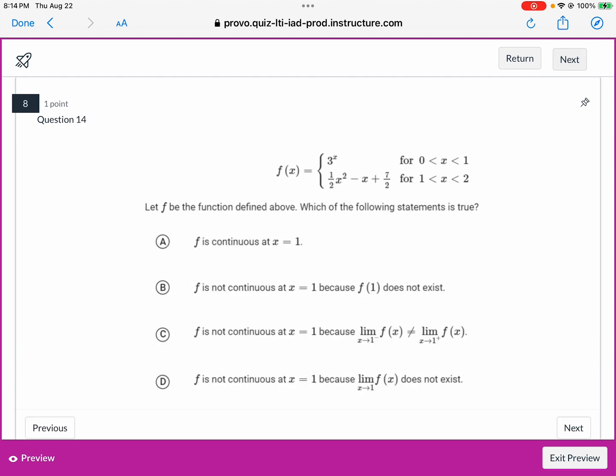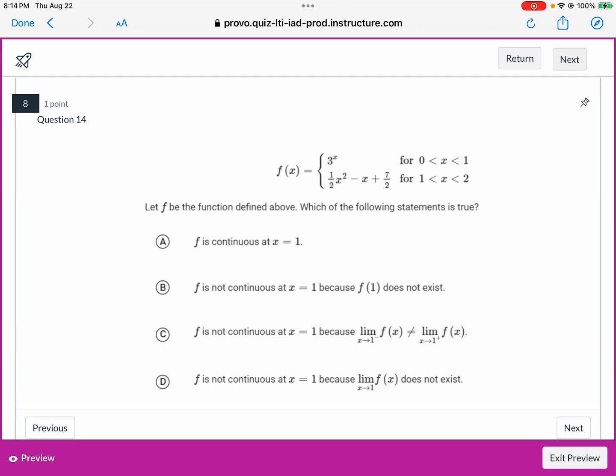Okay, this next one, let's see what we've got. Let f be a function defined above. Which of the following statements is true? It looks like the answers here are looking to see if it's continuous.